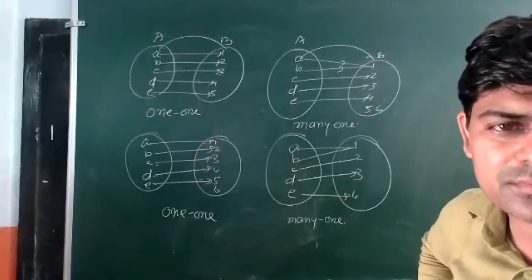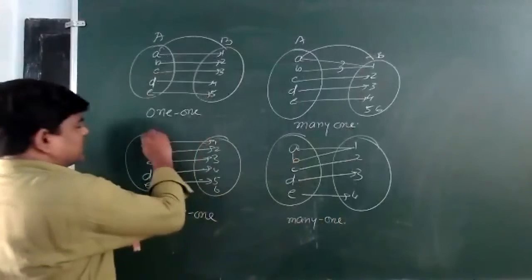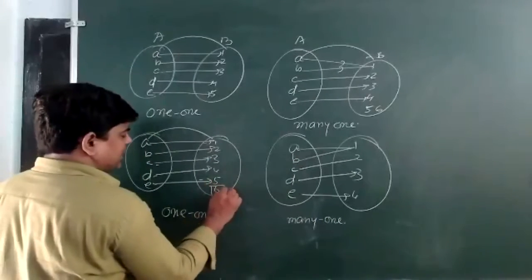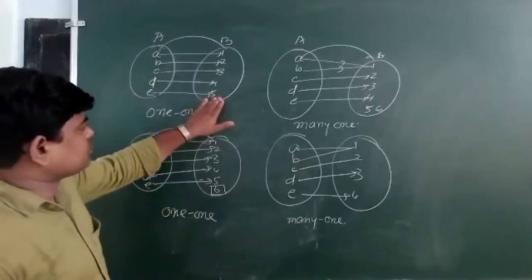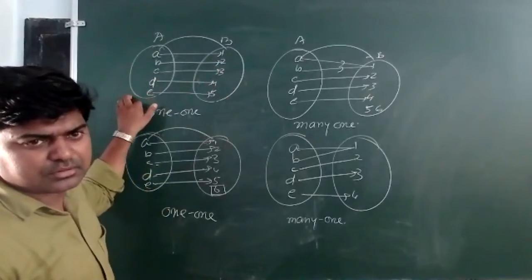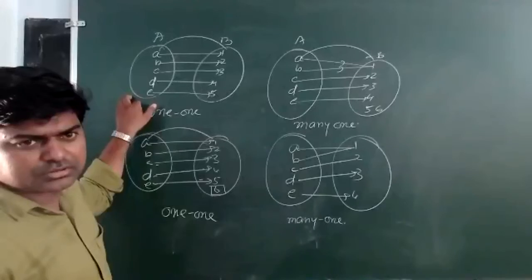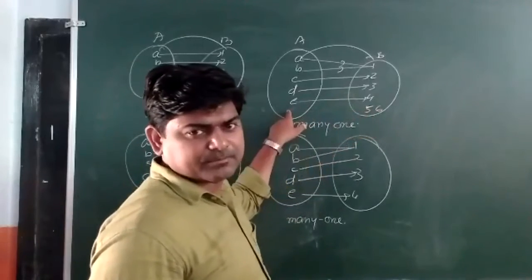What happened? It's well visible in this function. There is an element 6 which has no pre-image. In this one, each and every element of P has its pre-image. Having or not? Here also you can see there are two elements which have no pre-image.